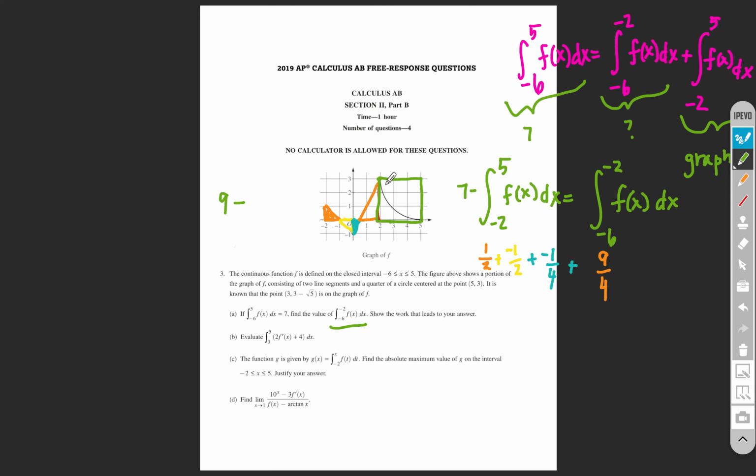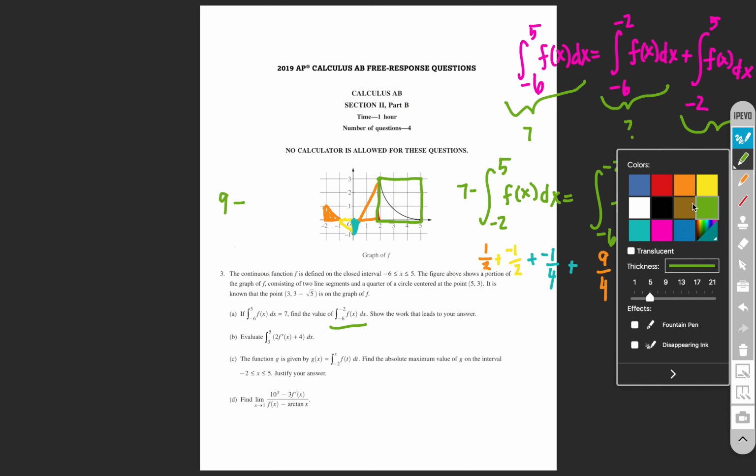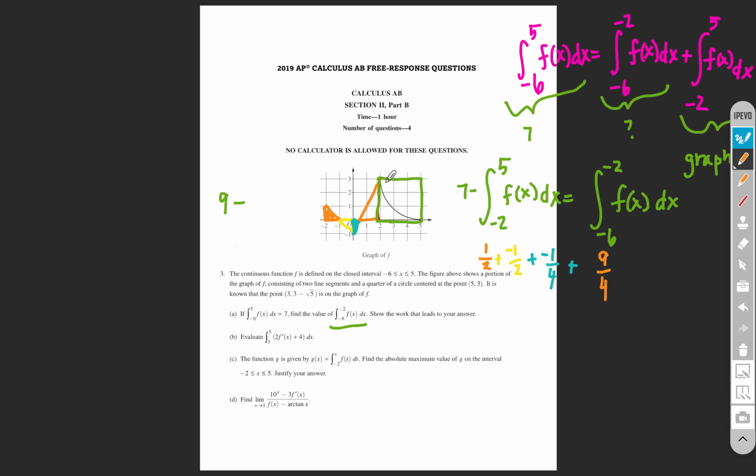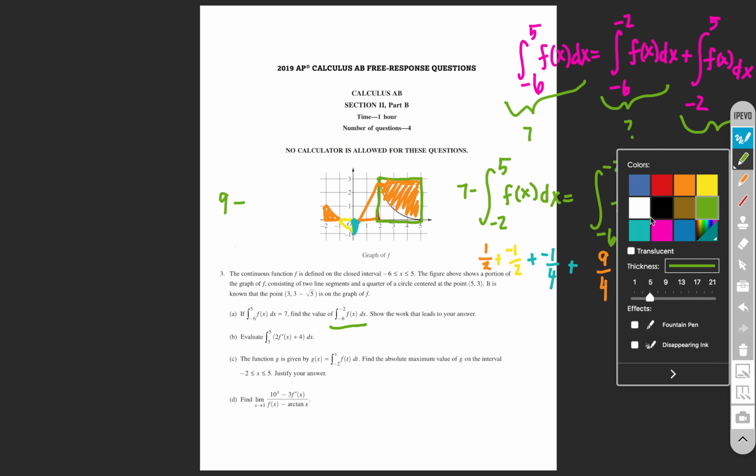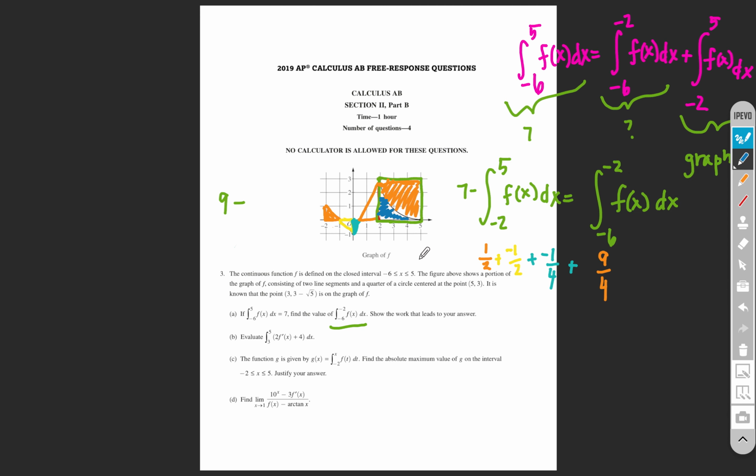And then subtract off the area of that portion of the circle. Subtract this piece off, and from there, that'll give you this little portion. So that's my little trick with how to use geometry to calculate that blue area.